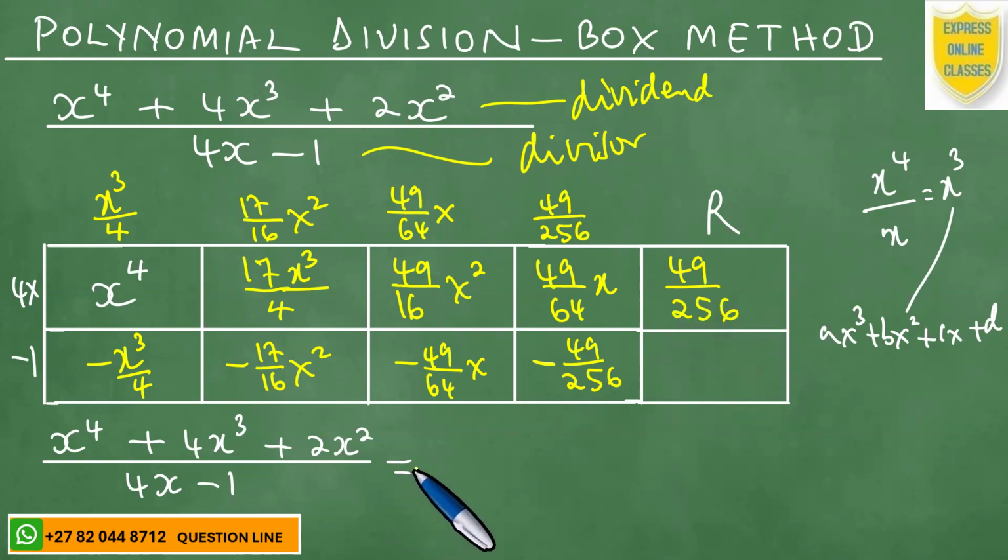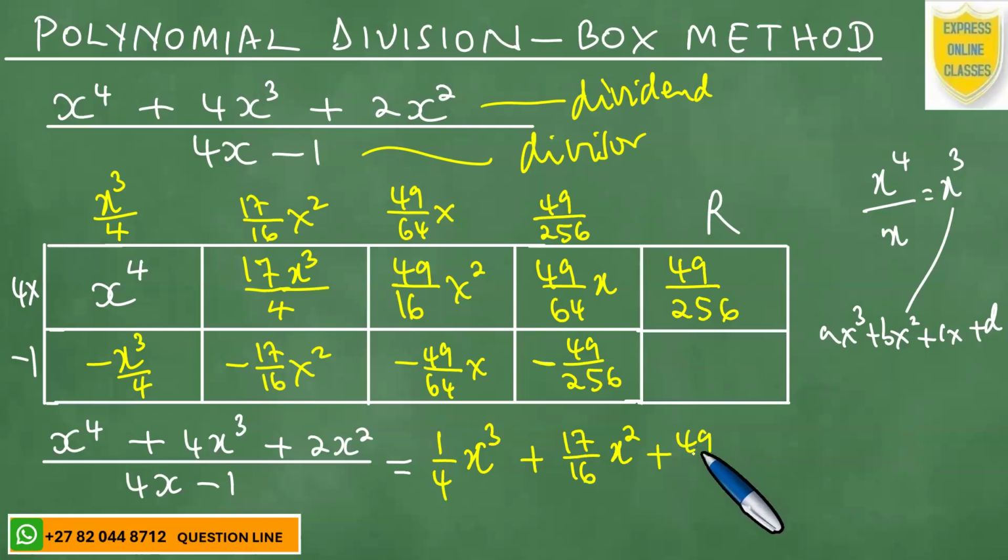So in the end, after the polynomial division, we get the quotient at the top, 1/4 x cubed plus 17 over 16 x squared plus 49 over 64x plus 49 over 256.